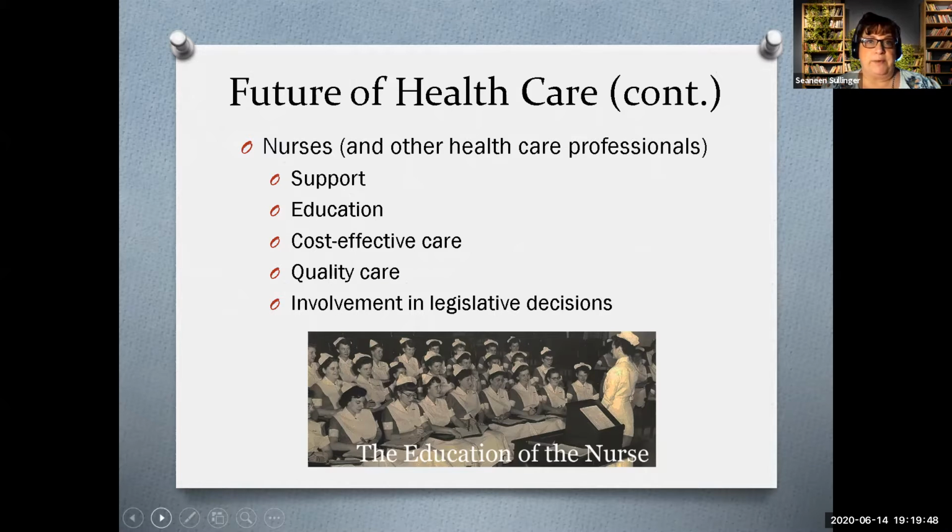Hartnell was very lucky, we were able to stay open. But how can we help to provide cost-effective quality care for patients? And then how do we also take part in legislative decisions? Do we want to even do that? So I think we really have to stick together as healthcare professionals in our different disciplines and work together for ourselves as well as our patients.